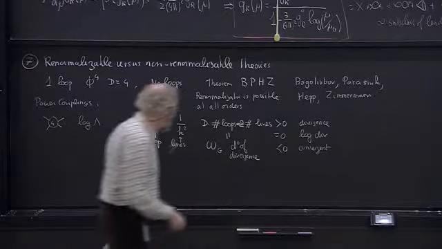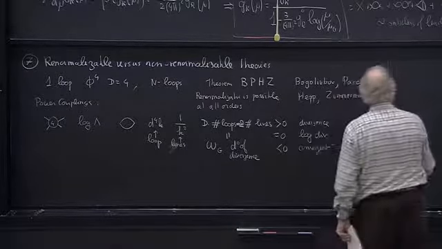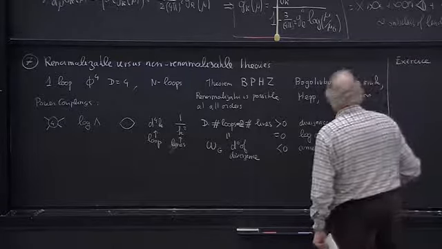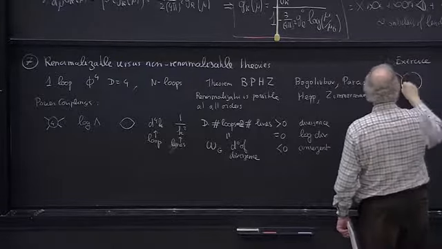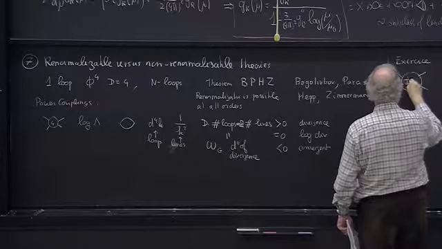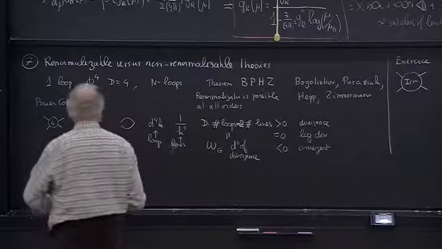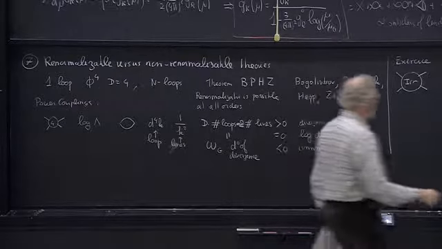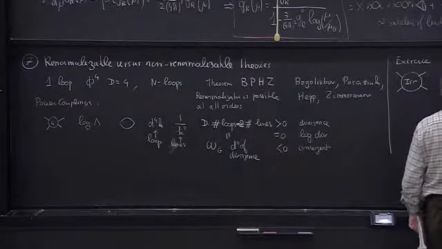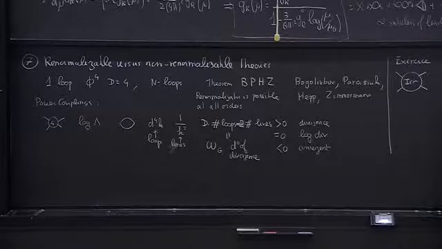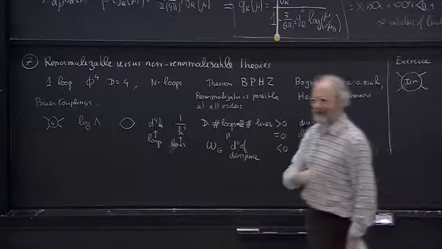And now, it's an exercise. If you take a general irreducible 4-point function, not only a diagram like this one, but like this one, or something even more complicated than this diagram, for instance, which you can check is a 3-loop irreducible diagram.